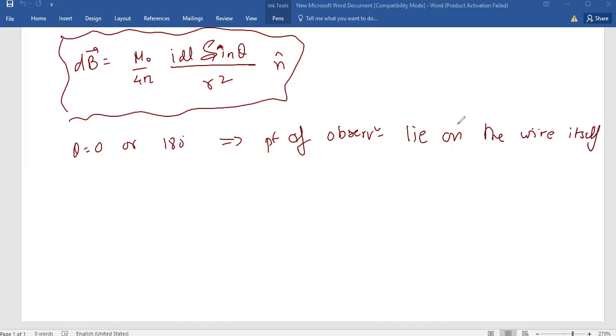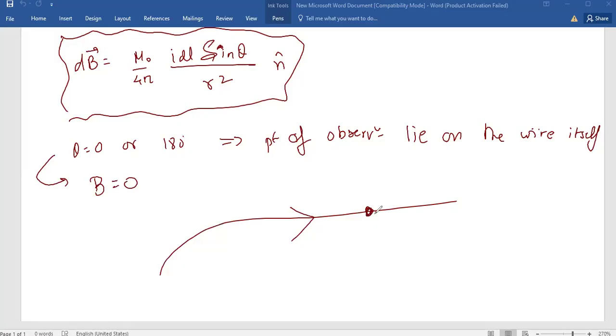In that scenario, we know that sine 0 or sine 180 is 0. So in this situation, magnetic field is zero. If we have any kind of wire and you want to find out the magnetic field on the wire itself, it will be zero. Got it, sir.